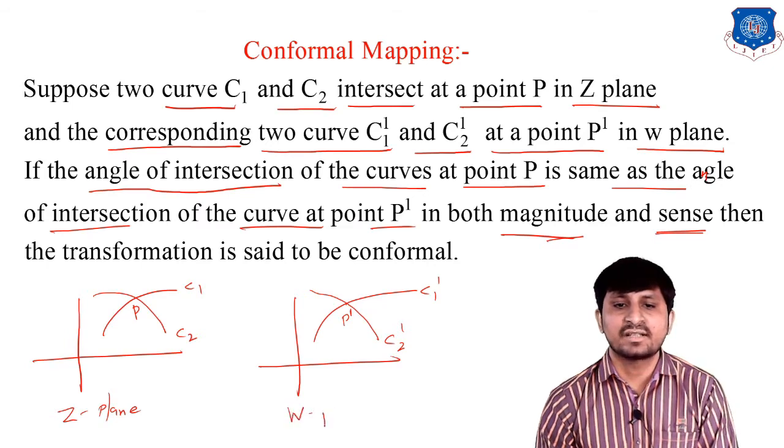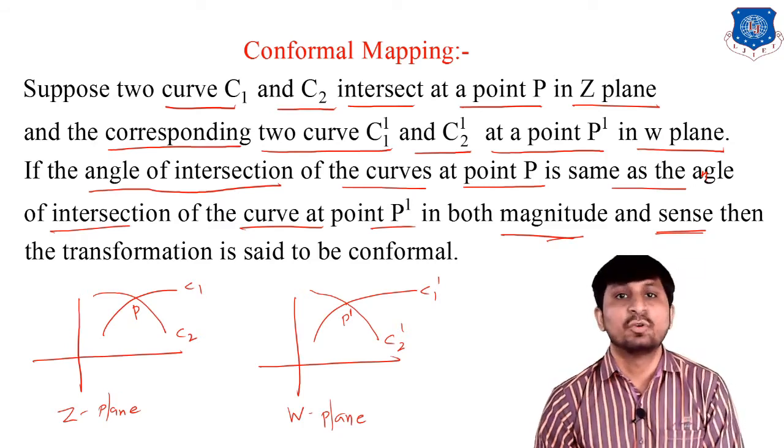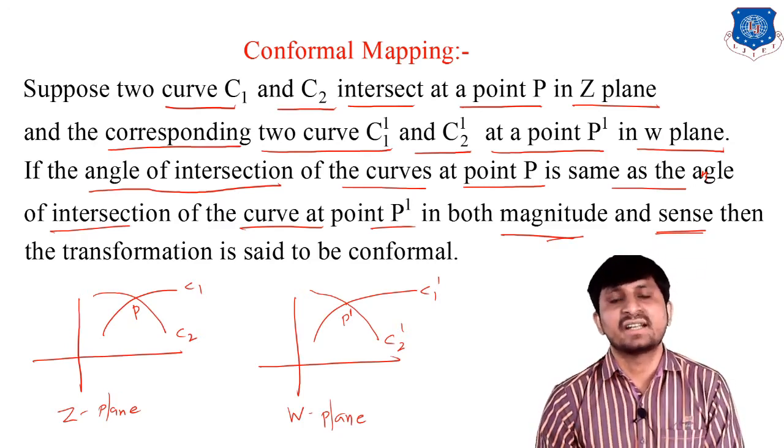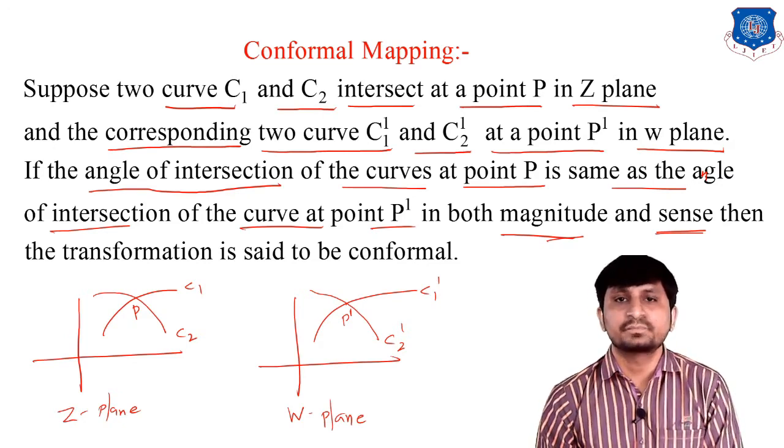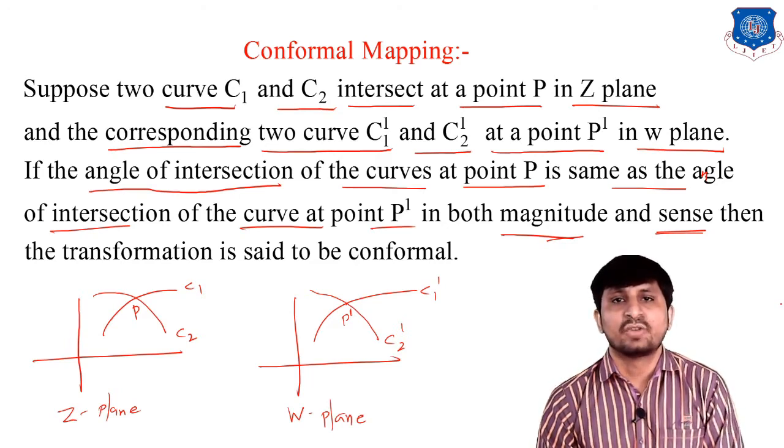Now try to understand why we have to take Z plane and W plane differently, because we have four variables. We know that z is equal to x plus iy, so x and y are two variables. w is equal to f of z, that is equal to u plus iv, where u and v are both functions of x and y. So in total how many variables? x, y, u and v. Is it possible to draw a graph on a plane for four variables?